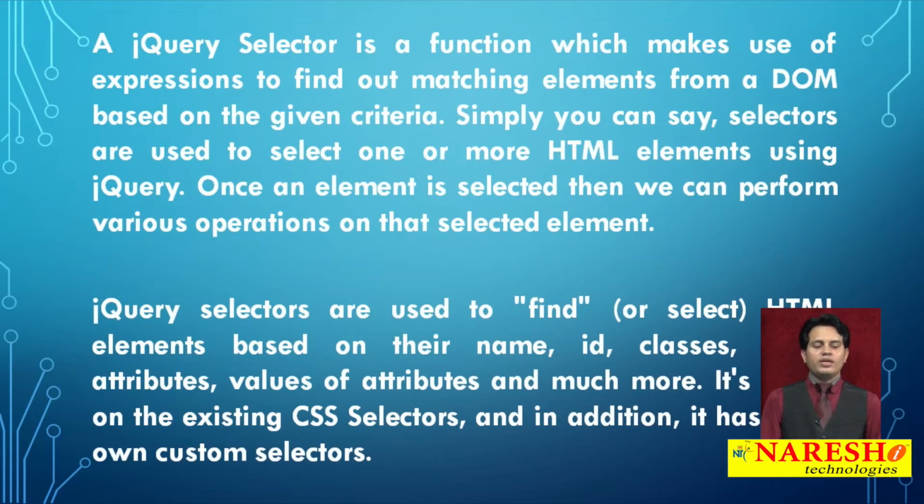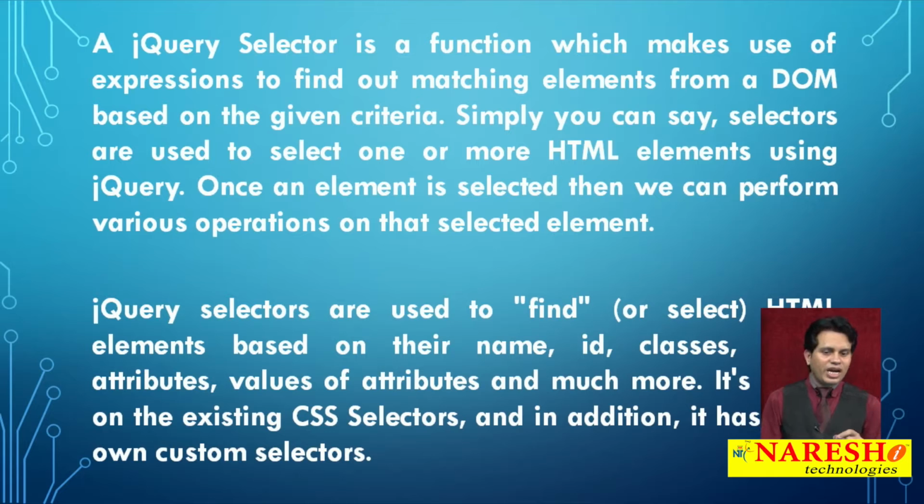Simply you can say selectors are used to select either one element or more than one element, nothing but one or more HTML elements using jQuery. So a single element or more elements can be selected, depending on our need.